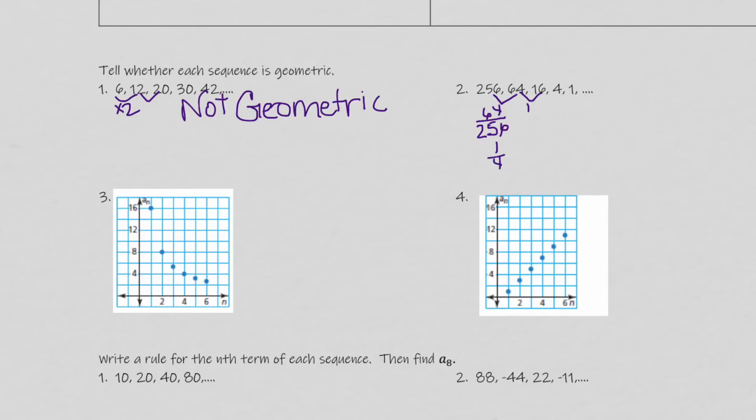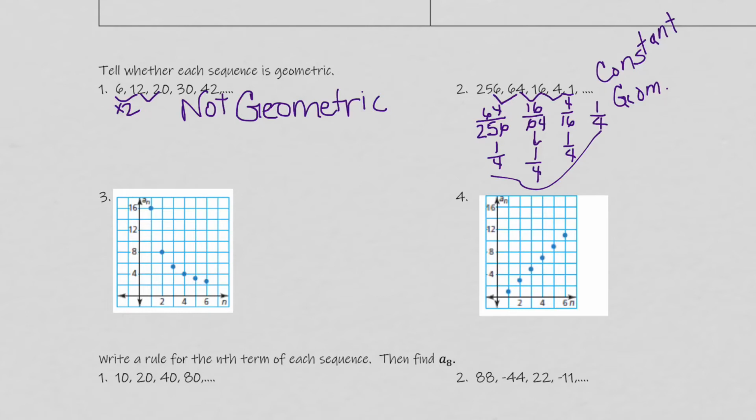On this one, it'd be 16 over 64, which would come down to 1/4. I do know that 4 over 16 is 1/4. And 1 over 4 would be 1/4. So this is a constant. Everything is decreasing by a fourth, right? So this is geometric. Again, I'm looking for that constant thing that you're multiplying by.